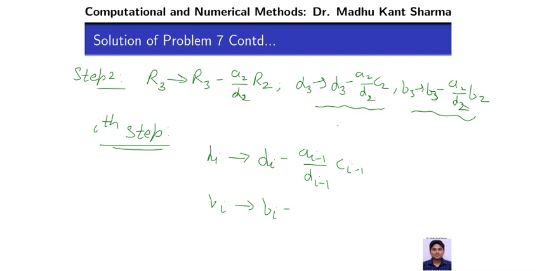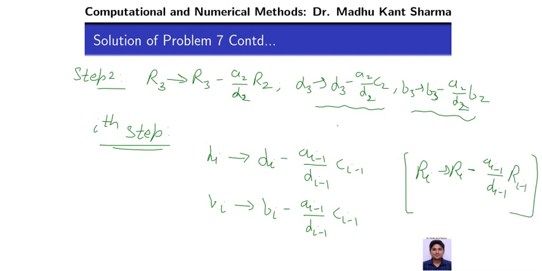The operation is Ri changed into Ri minus Ai minus 1 divided by Di minus 1 times Ri minus 1. You perform this operation for i greater than or equal to 2, so 2 less than or equal to i less than or equal to n. So you follow n steps, and then you create zeros.